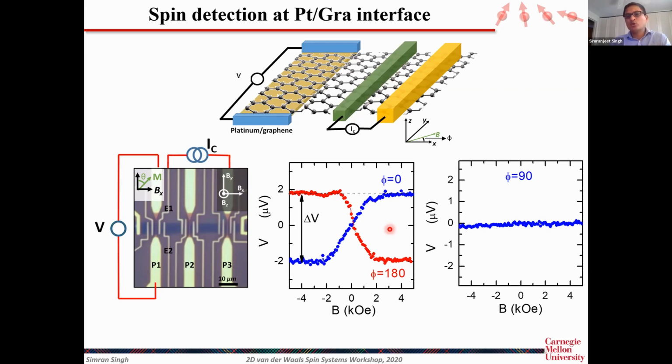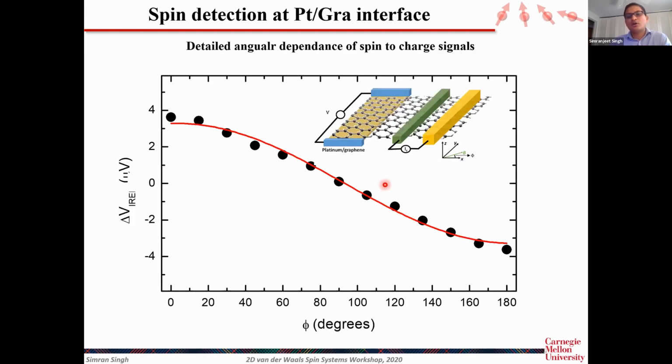Now you can look at the magnitude of this signal, between either the blue curve or the red curve, from the highest to the lowest values of the measured voltage. And then I can plot that as a function of the field applied in different directions, and we see a nice cosine-like behavior of this signal which is being detected at the platinum graphene interface.